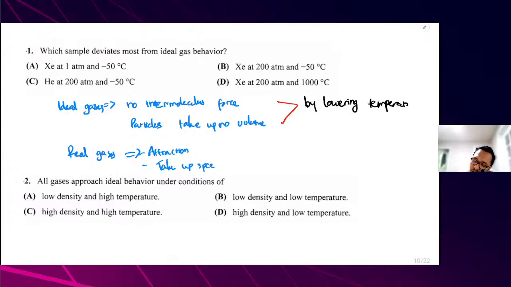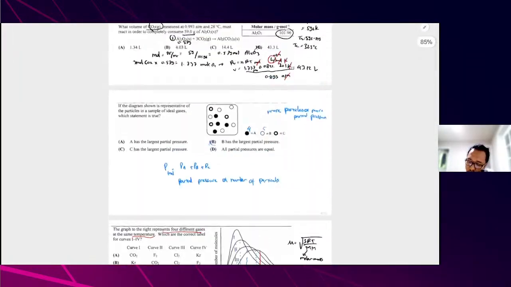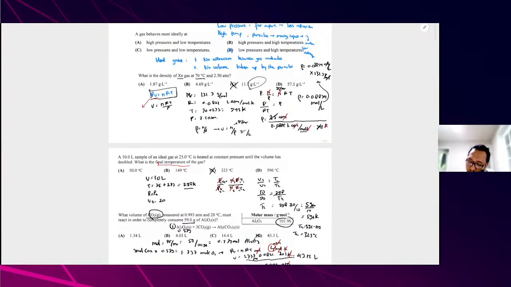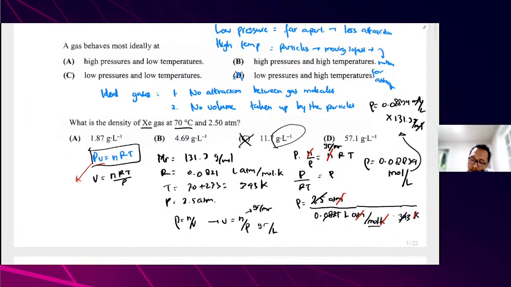If we lower temperature, it will give less kinetic energy. Let's take a look at the concept that we already did. See, low pressure, far apart, less attraction.